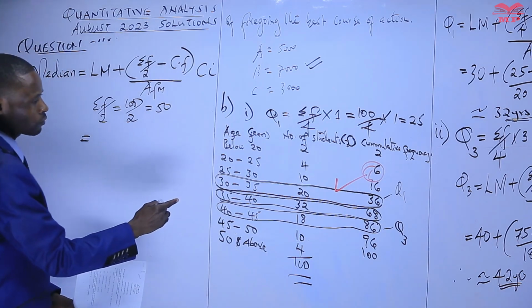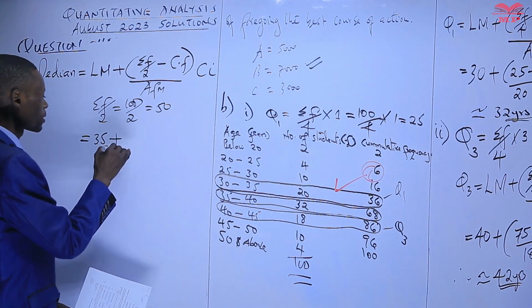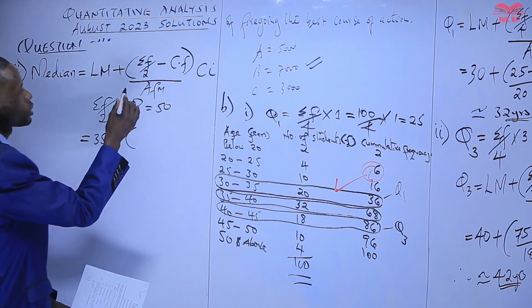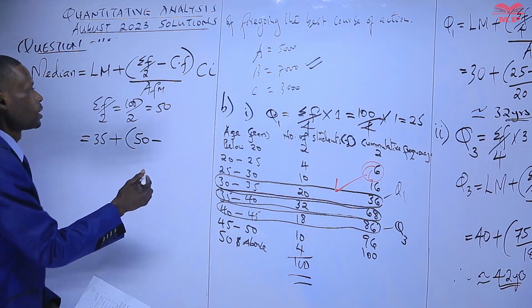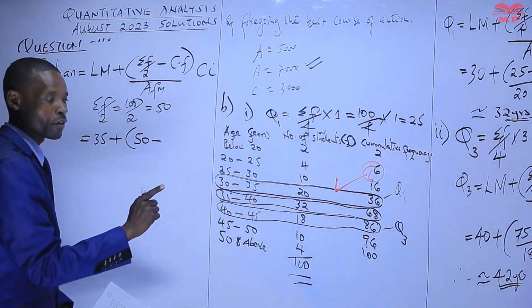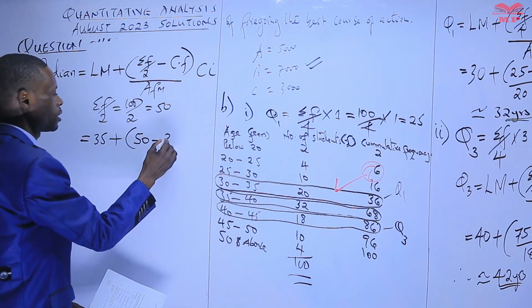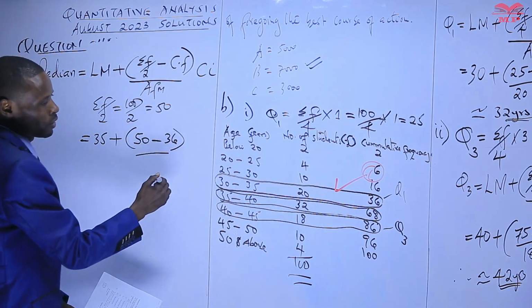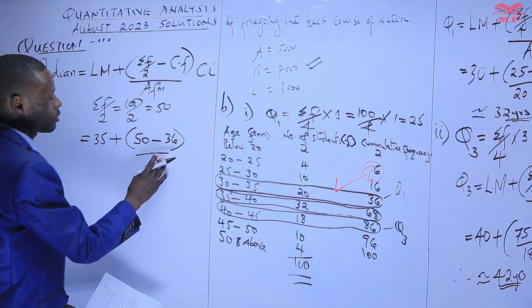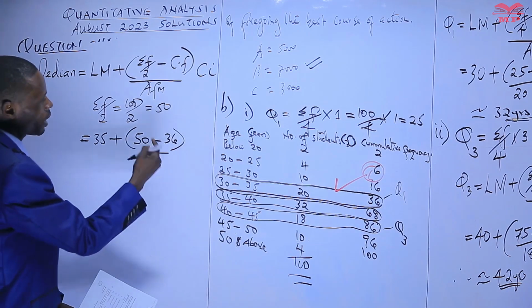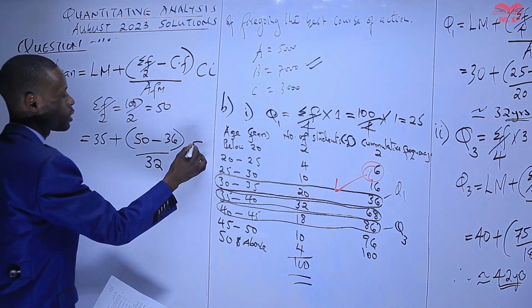The lowest boundary is 35. 35 plus, into bracket, summation of f divided by 2, which is 50, minus the cumulative frequency above that median range, which is 36. Then I divide by the actual frequency, which is 32, and the class interval is 5.